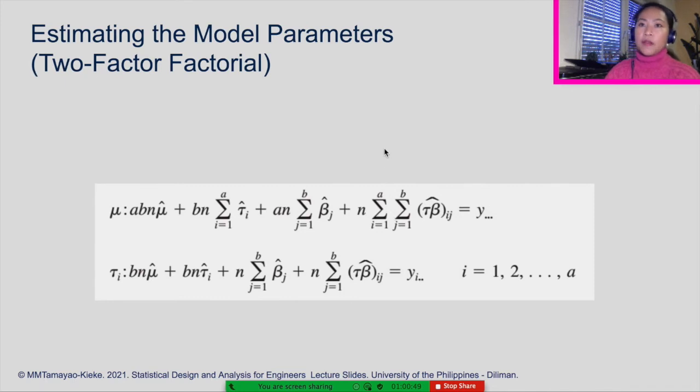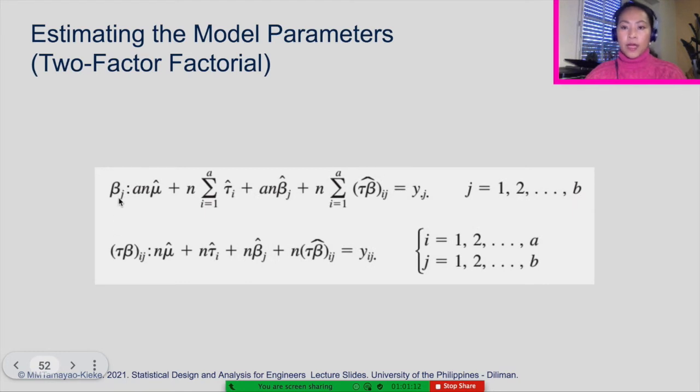Now, using the method discussed by Montgomery in chapter 3.9, it can be shown that the normal equations are as follows. So you can see indicated to the left of the equation the different parameters to be estimated. This one is for mu, for tau i, and then you have beta j, and then tau beta ij for the interactions.